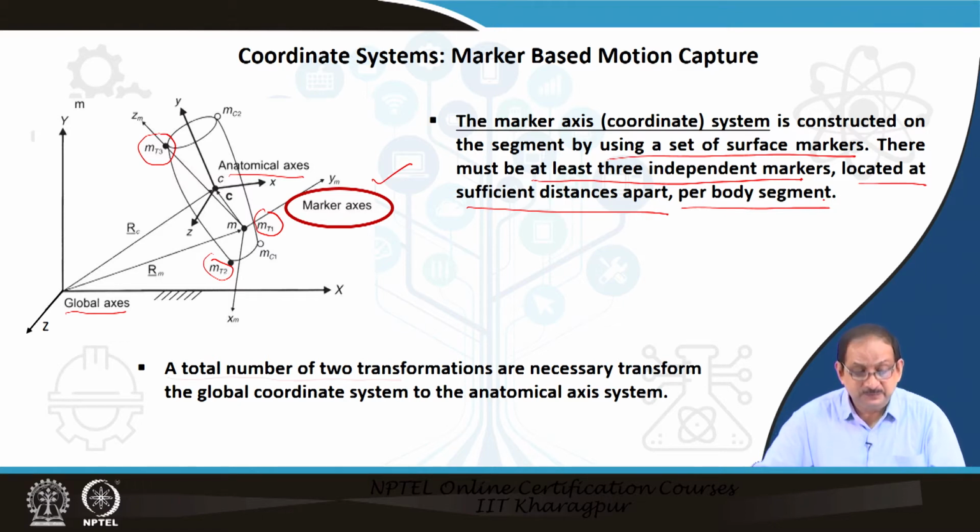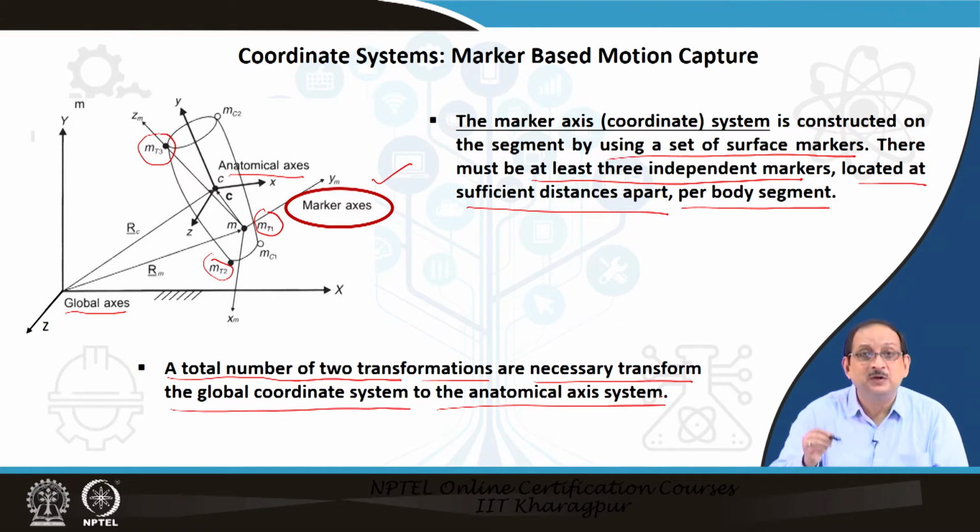A total number of 2 transformations are necessary to transform the global coordinate system to the anatomical coordinate system. The first transformation that is required is from the global coordinate system to the marker coordinate system.